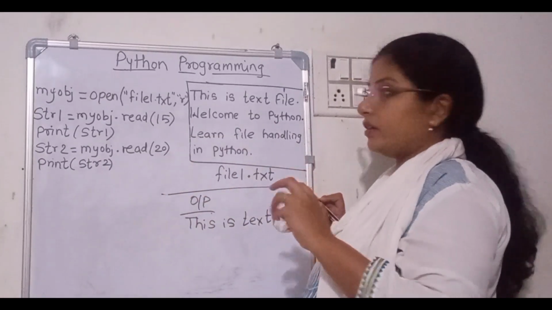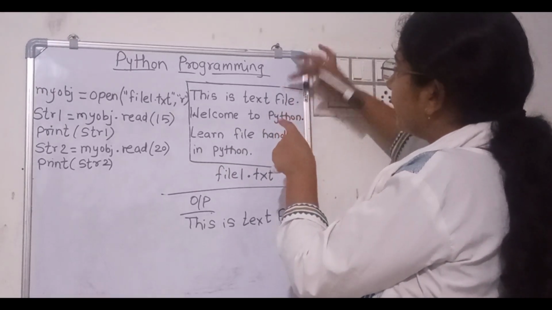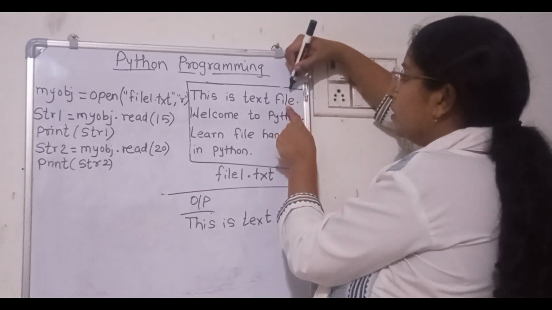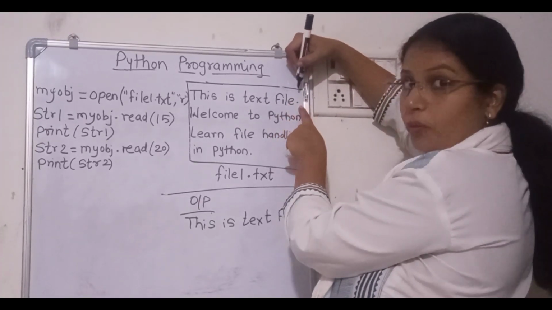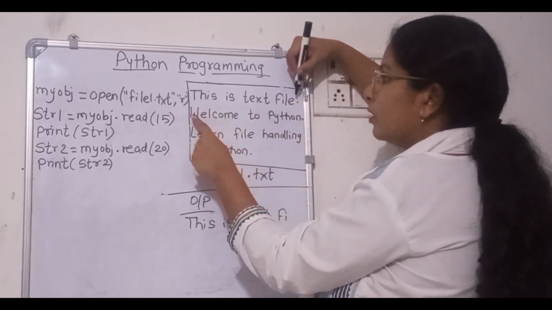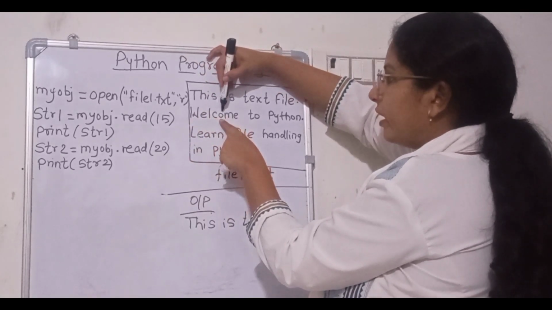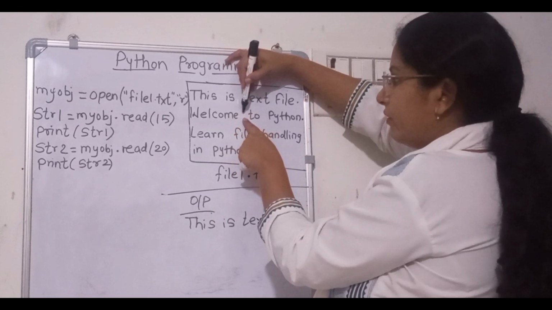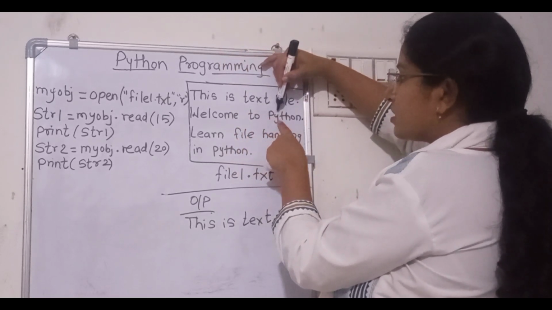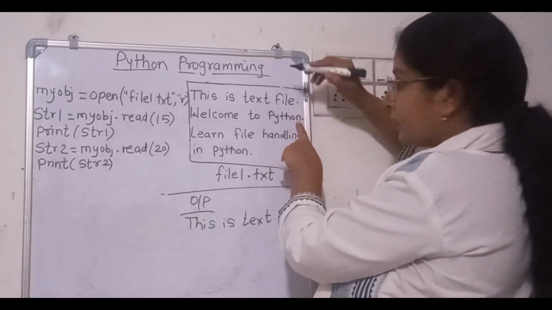So next 20 characters. Now you are already here, so you will start your counting from this L. Then you will start the count. 1, 2, full stop is there, so that will be your third character. 1, 2, 3, 4, 5, 6, 7, 8, 9, 10, 11, 12, 13, 14, 15, 16, 17, 18, 19, 20.